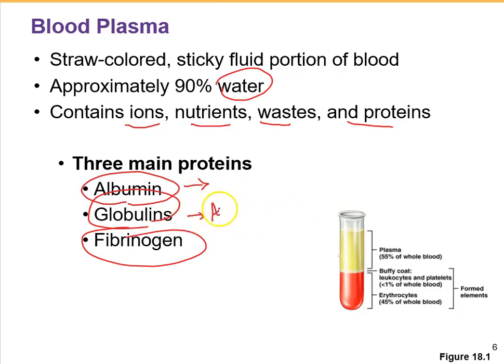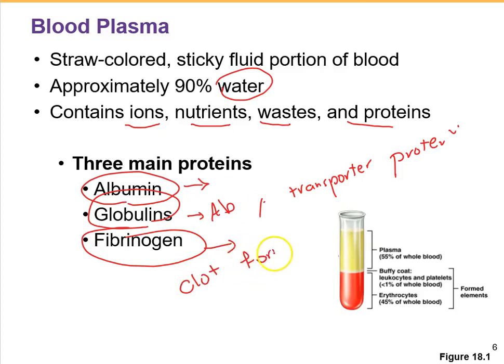Globulins can be antibodies working for our immune system, or they can act as transporter proteins for transportation of some molecules like lipid, iron, and copper. Fibrinogen is helpful for blood clot formation.